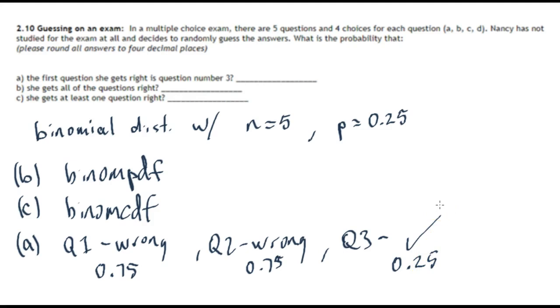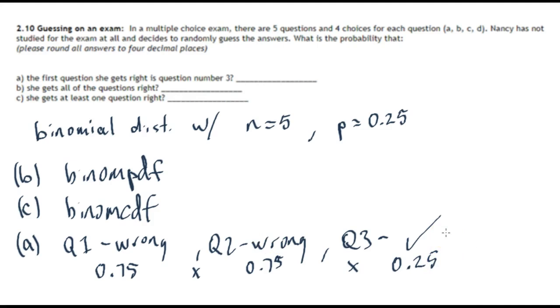Each of these trials are independent of each other. In a binomial distribution, you're dealing with independent trials. Either way, since these are independent trials, you multiply each outcome together. So we're just going to take 0.75, multiply by 0.75, and then multiply that by 0.25. And that gives us the result for A.